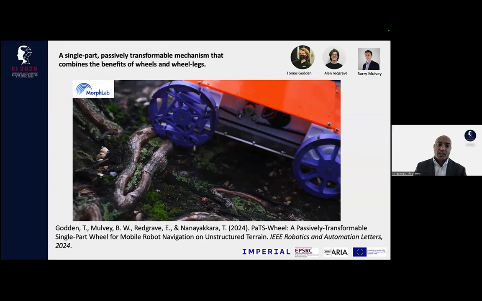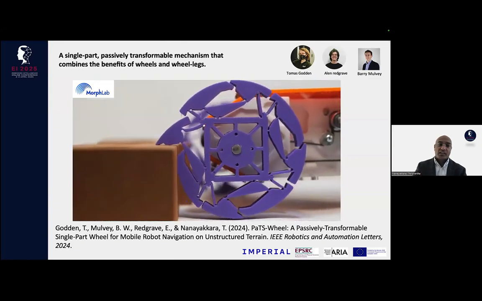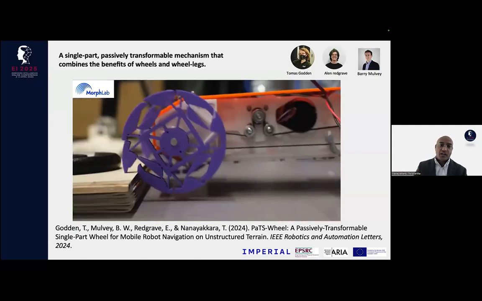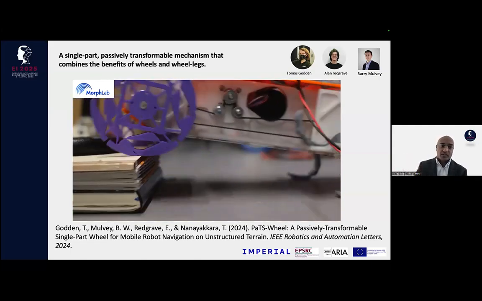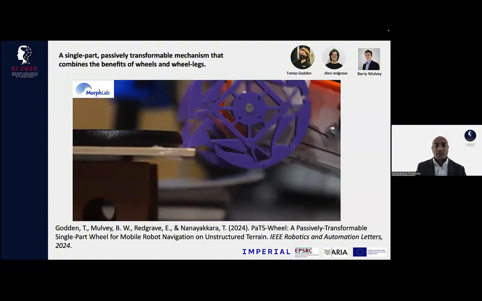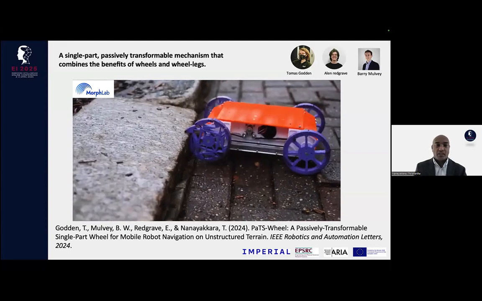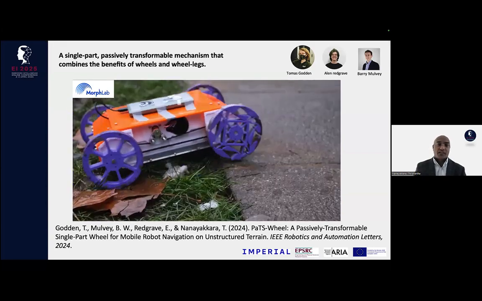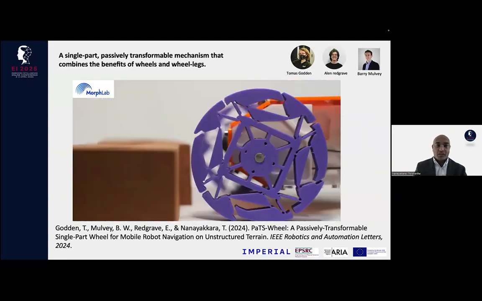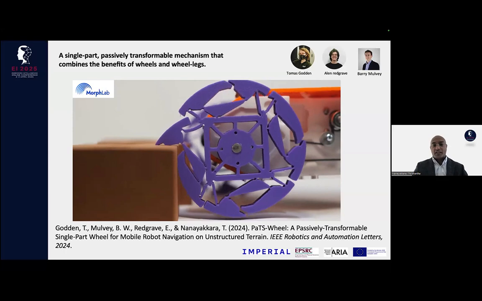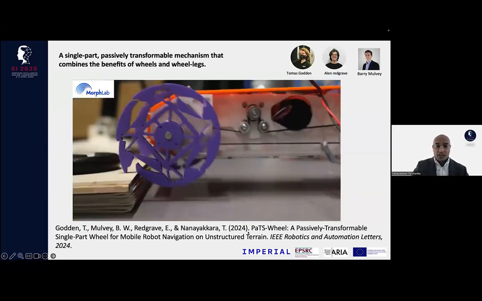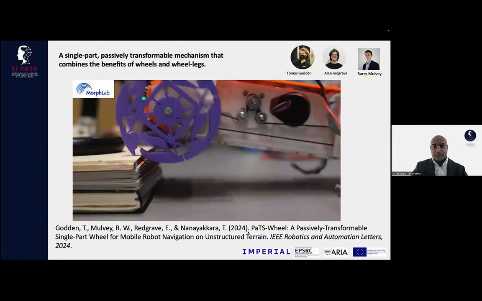So the point is, a part of the intelligence was in the morphology, the embodiment of the wheel, and the other part was in the environment, right? So these obstacles. When they come together, they form something meaningful, and then they climb and do useful things. So it is done without any kind of control. It doesn't have any sensors at all. This will also be presented at ICRA, and it is also published in RAL.